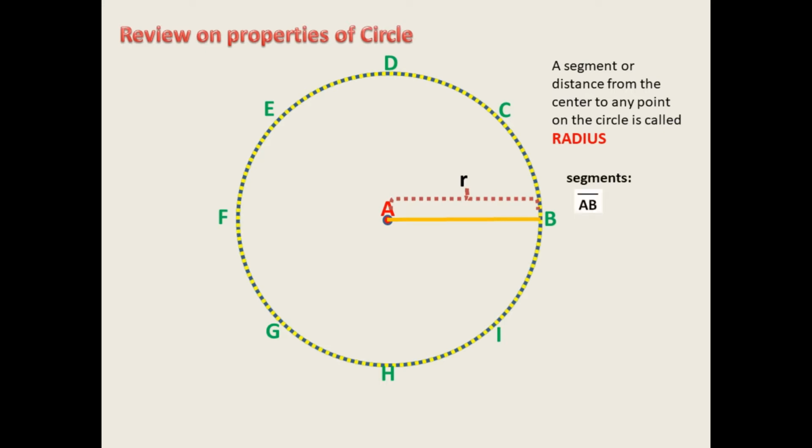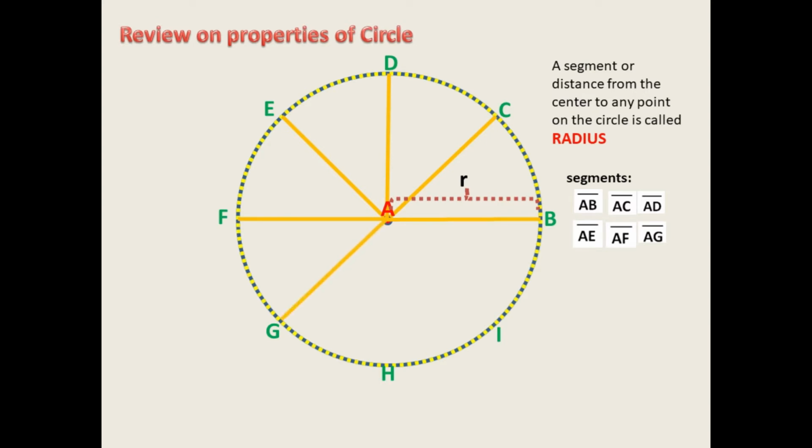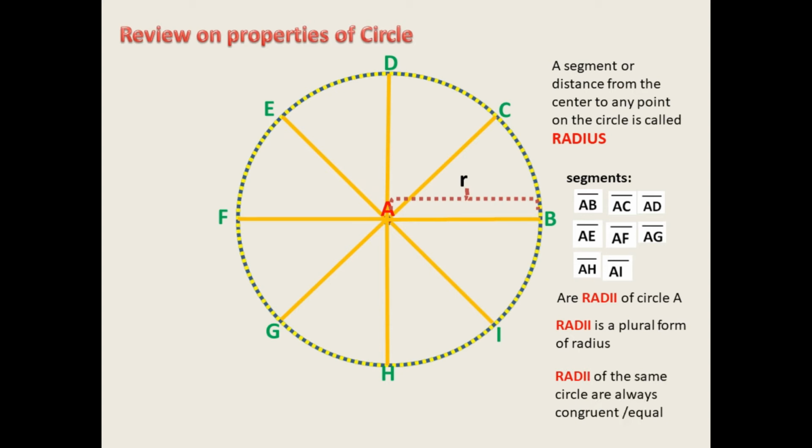Therefore, segment AB, segment AC, segment AD, segment AE, segment AF, segment AG, segment AH, and segment AI are radii of circle A. Radii is the plural form of radius.